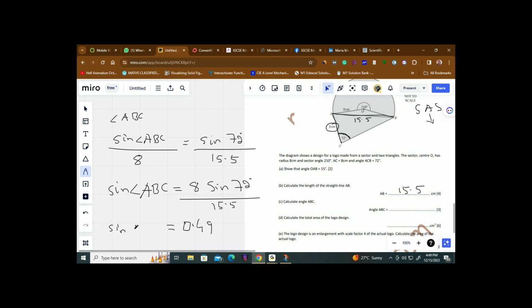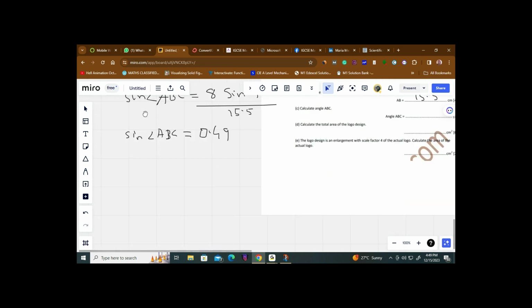Now you see I need to find out angle ABC. So I will take sine inverse on both sides, because I have to remove the sine here. In order to remove this, I will apply the inverse function on both sides. Once I apply the inverse function on both sides, it cancels the effect of the original function sine, and they both vanish.